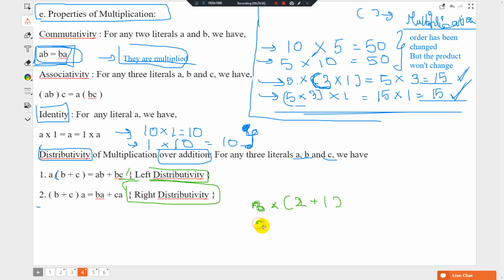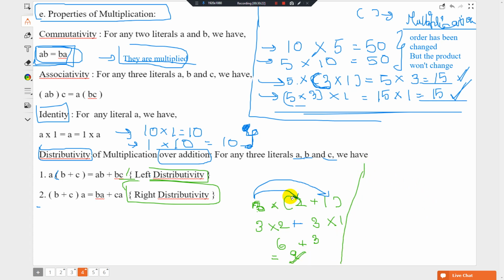So that gives 3 into 2 and 3 into 1, plus 3 into 1 gives 6 plus 3, 9. So we got the answer 9.